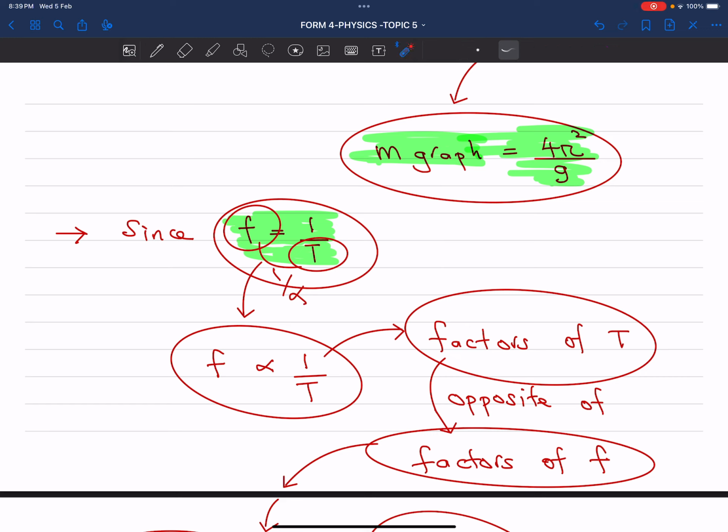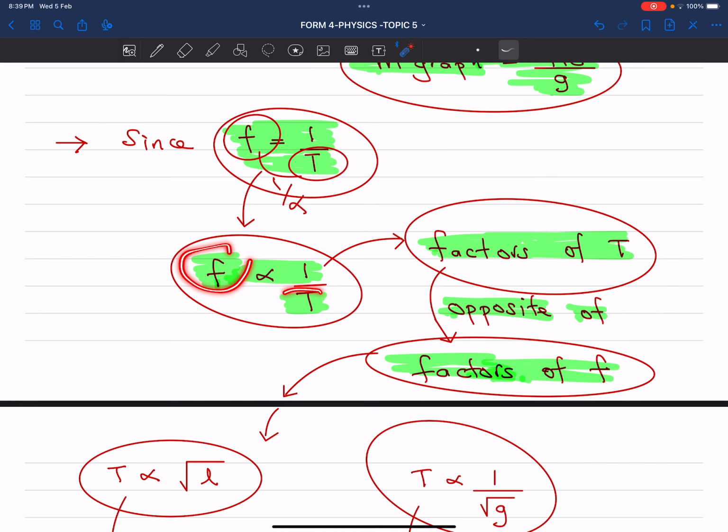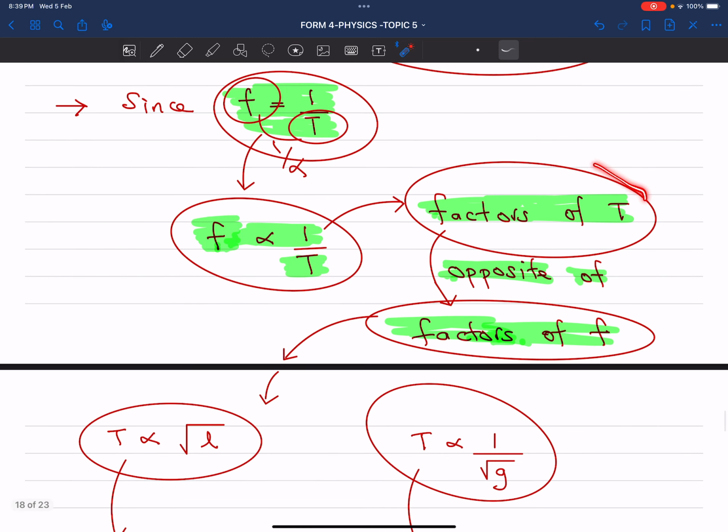From the formula f equals 1 over T, f is up, T is down, so frequency is inversely proportional to period. What does this mean? It means the factors of T are opposite to the factors of f, because f and T are inverse.